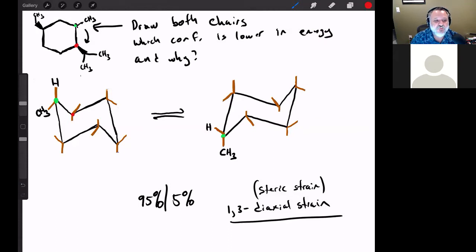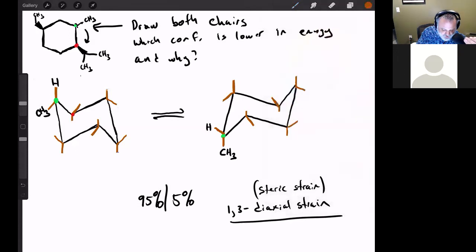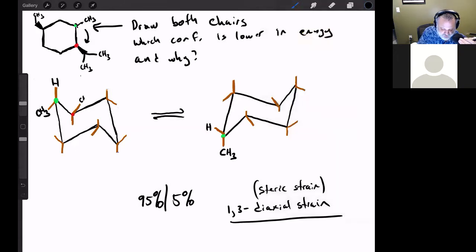So now I have to go to that red dot on the chair conformation and ask which one of those bonds is pointing up? Well, the axial bond is the one that's pointing down. The equatorial bond is the one that's pointing up. And so if I put my isopropyl group here, I'm correct because that's the bond that points up.